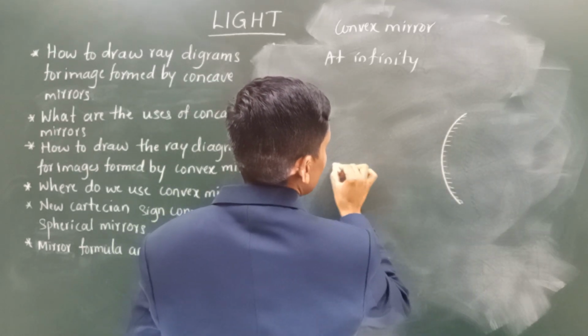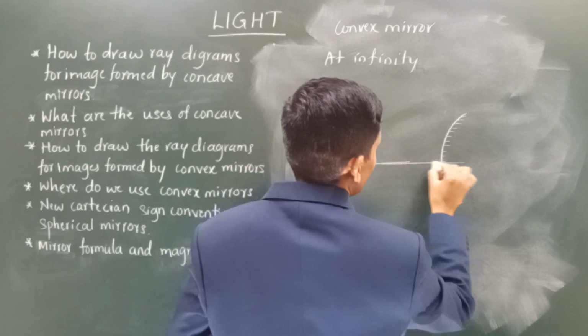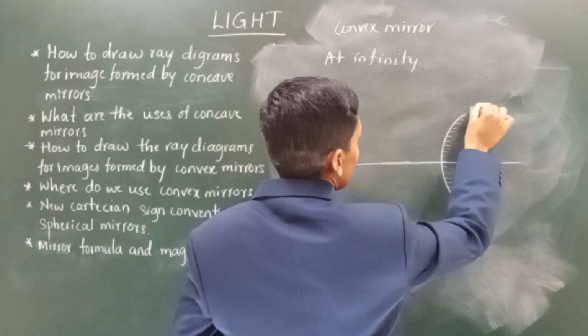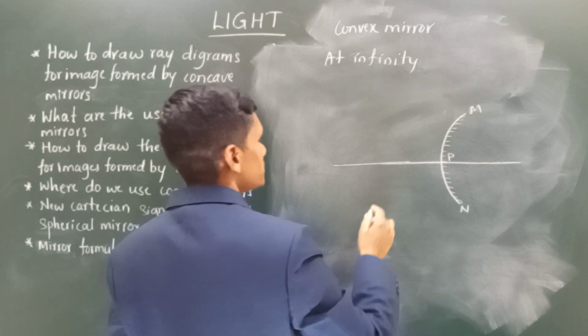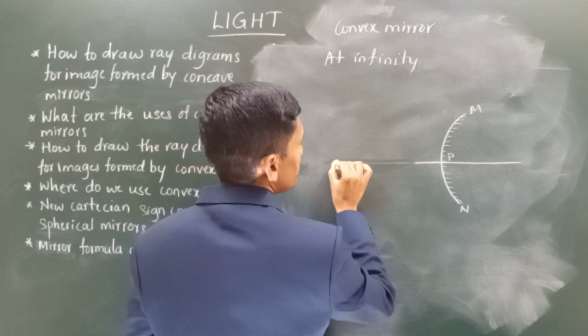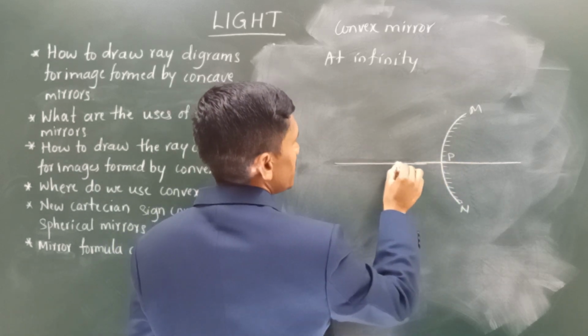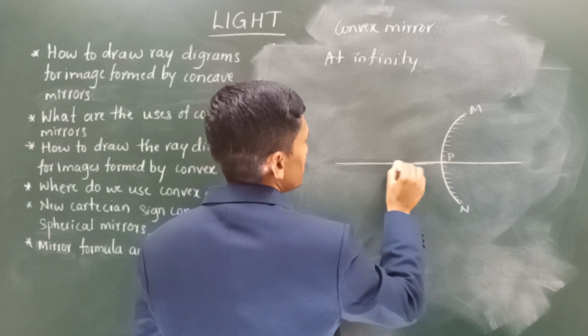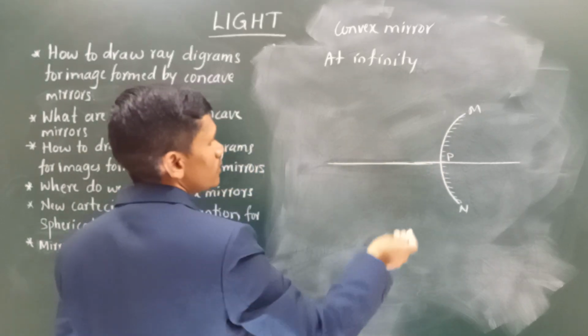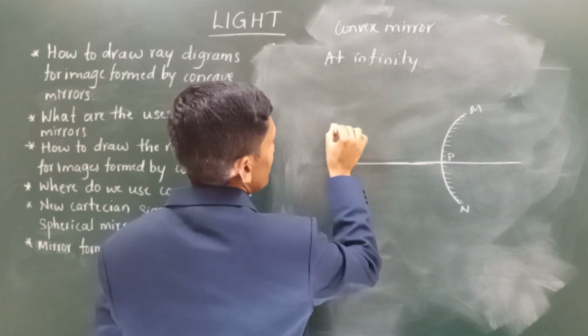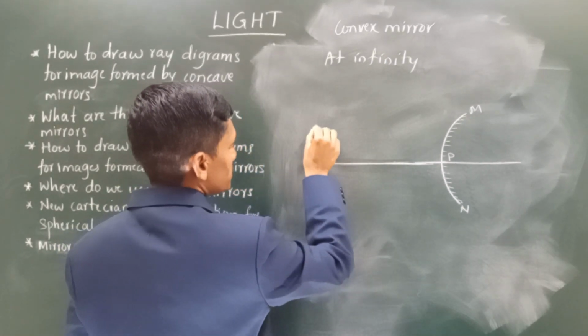You need to show a principal axis. Let us call this mirror MN. This is the pole of the mirror. This will be the principal axis. Now you need to consider an object.